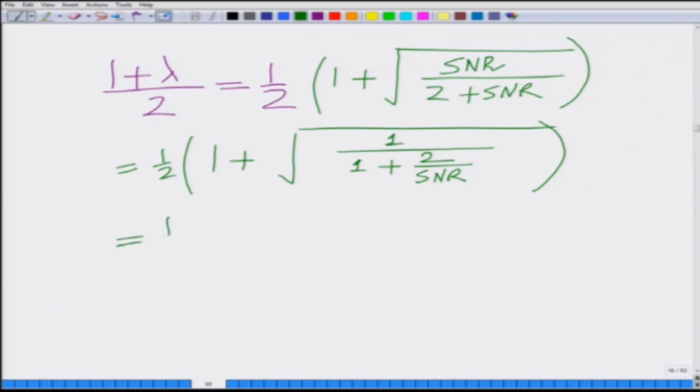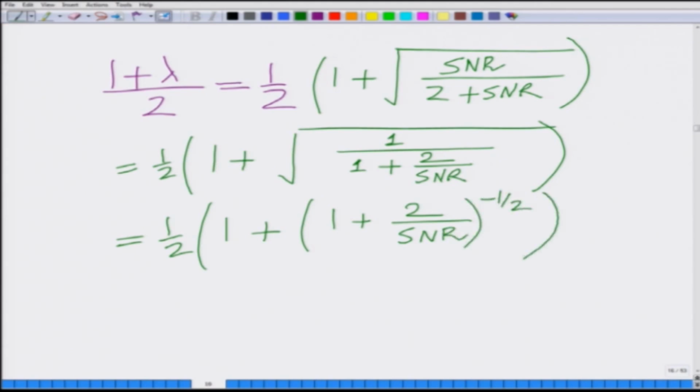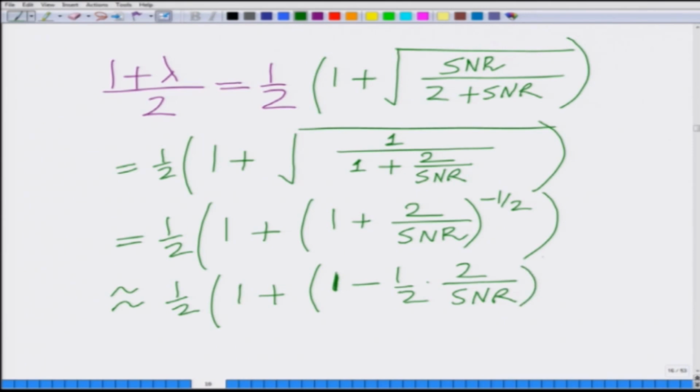Another equivalent way of writing this is half times 1 plus (1 plus 2 over SNR) raised to the power of minus half, which I can now approximate as half times 1 plus 1 minus half times twice over SNR, at high SNR, when 1 by SNR is a small quantity.